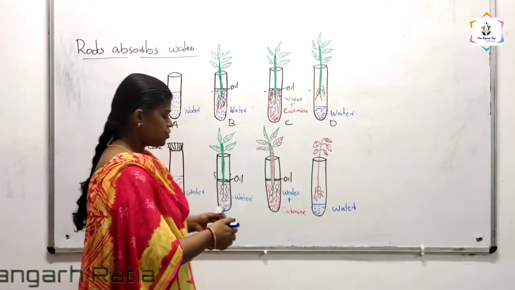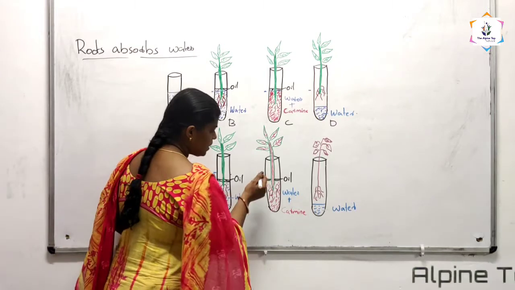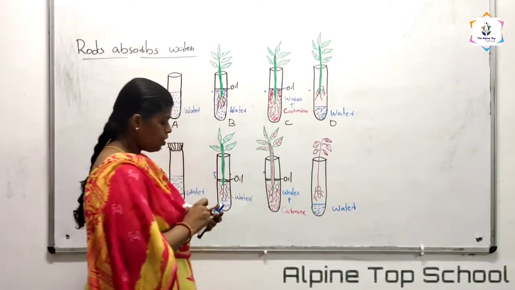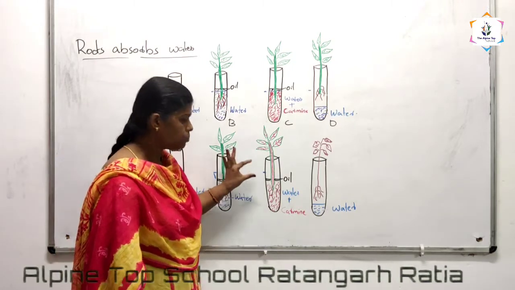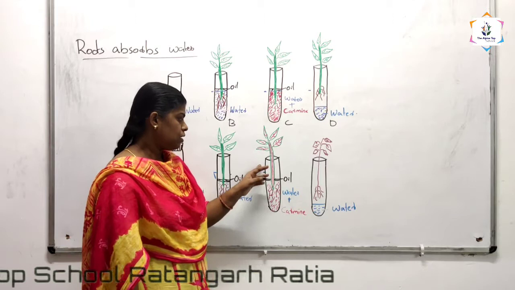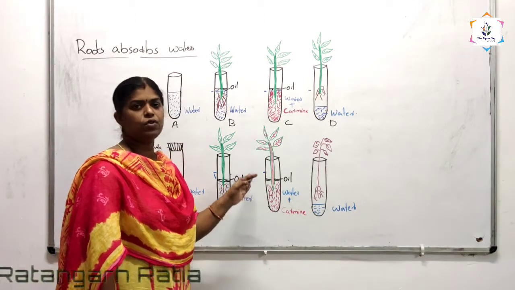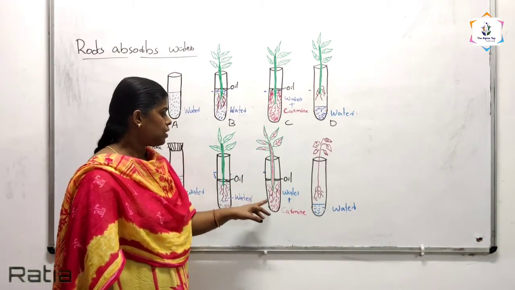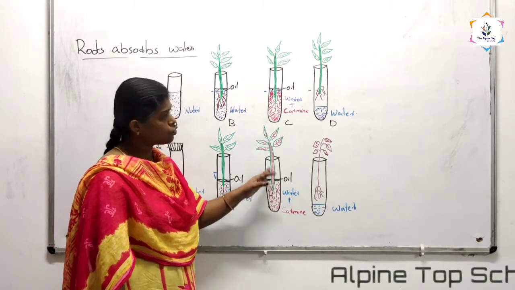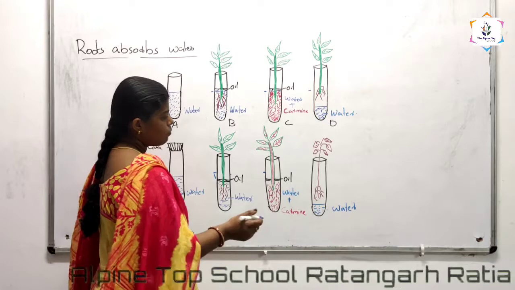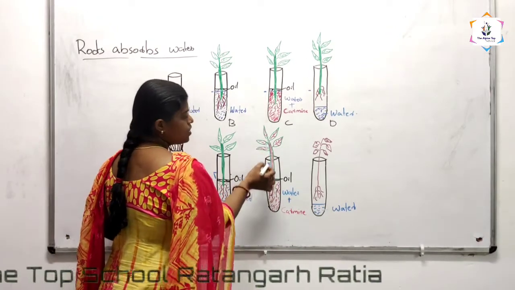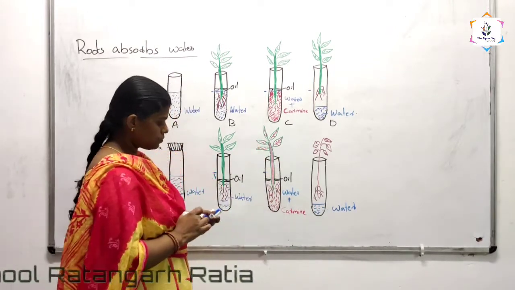And here also you can see that there is a decrease in the water level. Initially it was up to this, and now there is a little decrease in the level of the water. Where did it go? Surely it is absorbed by the roots. And in this plant you can see a pink tinge inside the stem and the leaves.